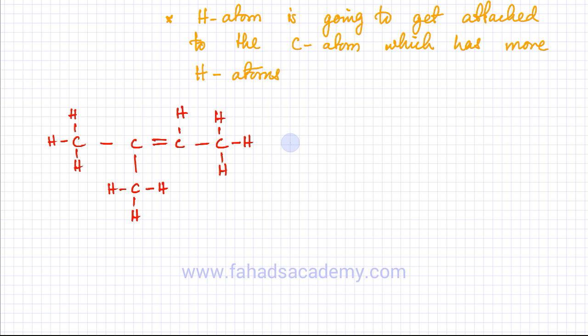And I am reacting this molecule with, let's take HBr now. In this particular case, I'm going to redraw the molecule, except that instead of the double bond, we're going to have a single bond.